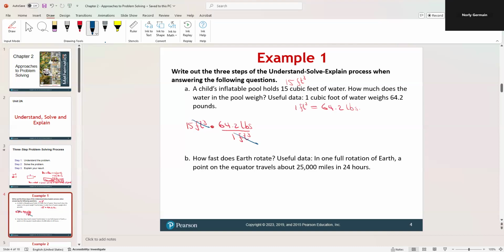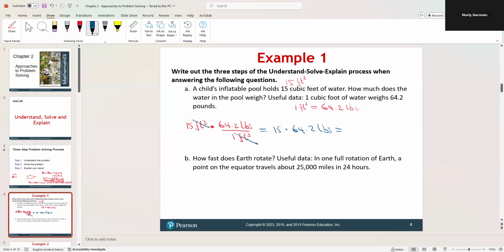That's why you end up with only 15 times 64.2 pounds. When you perform that operation with your calculator, I tried it right now with my calculator.